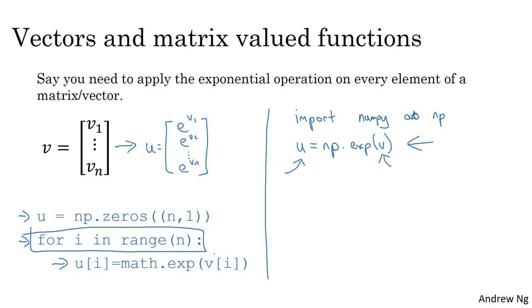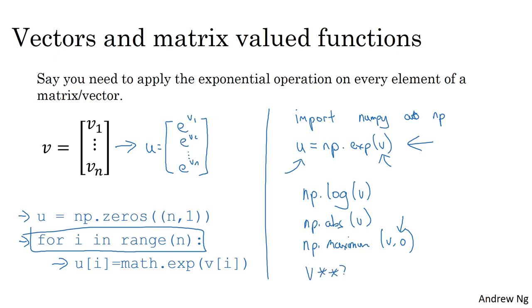In fact, the NumPy library has many other vector valued functions. np.log(v) computes the element-wise log, np.abs computes the absolute value, np.maximum computes the element-wise maximum, so you can take the max of every element of v with 0. v**2 takes the element-wise square of each element of v, 1/v takes the element-wise inverse, and so on.